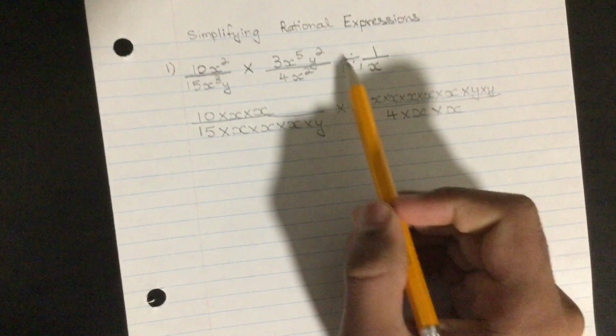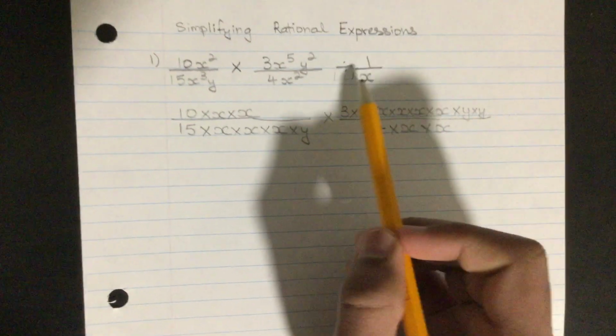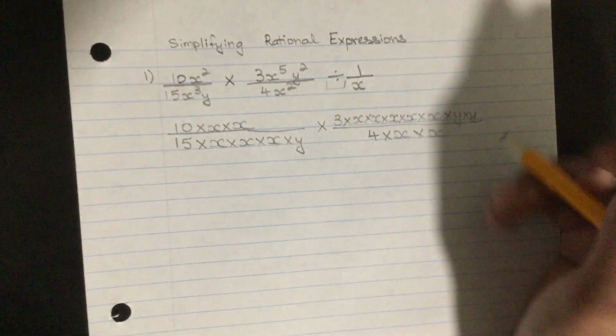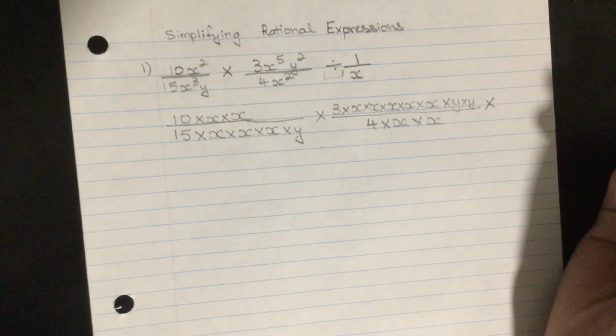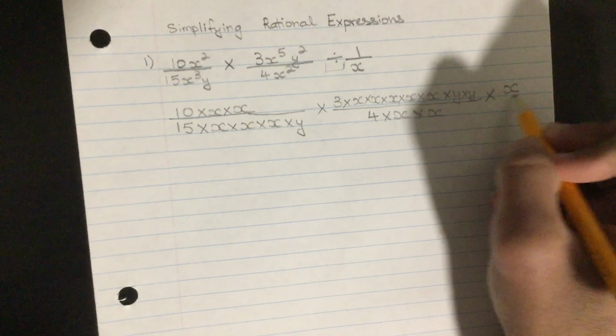So now remember how I told you about the division, it's really complicated at times, so you just have to change it into a multiplication symbol and just reciprocal it.